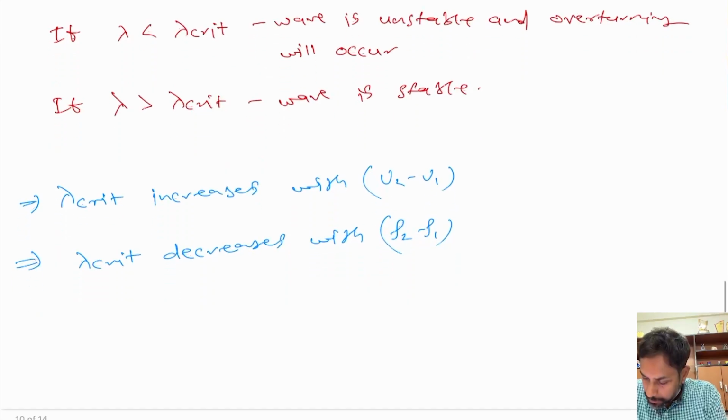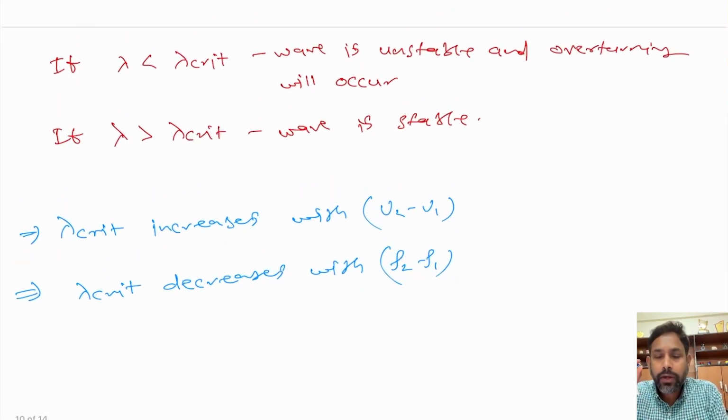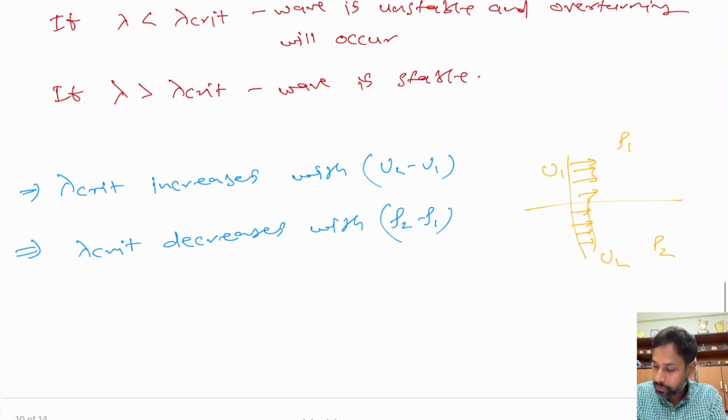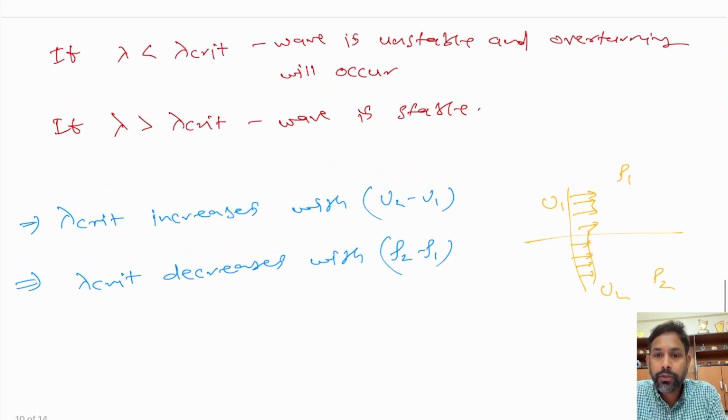What it actually means is the larger the velocity difference between these two layers, let's say this is u1, which has density rho 1, and then we have u2 and density rho 2, if the difference between u2 and u1 is very large, that will increase your lambda critical.